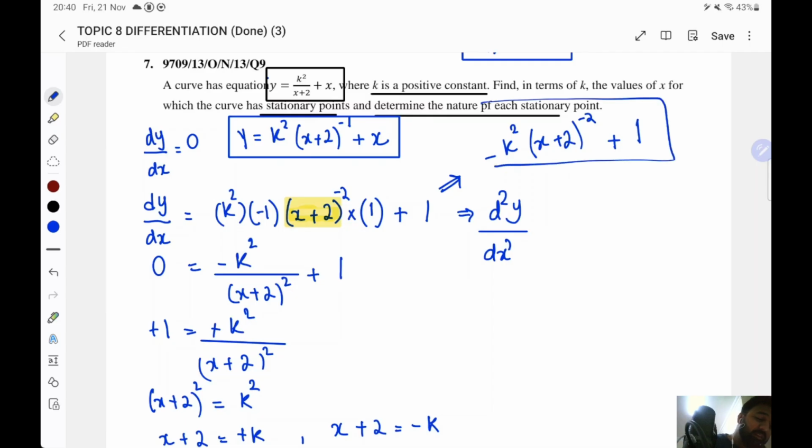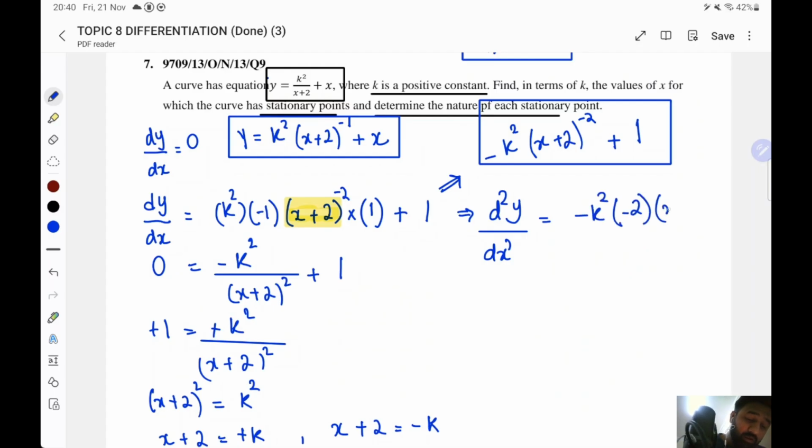This is the simplest form of the derivative. If I find the derivative of this, it will be -2 times (x plus 2) to the power of minus 3, times 1, because the derivative of the bracket is 1. And the derivative of 1 is 0.